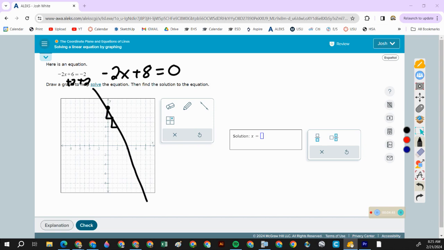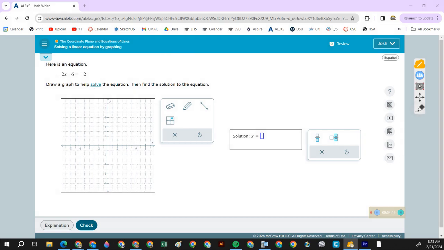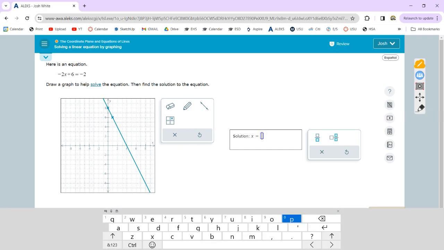Where does it hit the x-axis? Right? Where is it equal to 0? Would be right there. So let me do that and make sure that's what it wants. And the solution is 0.